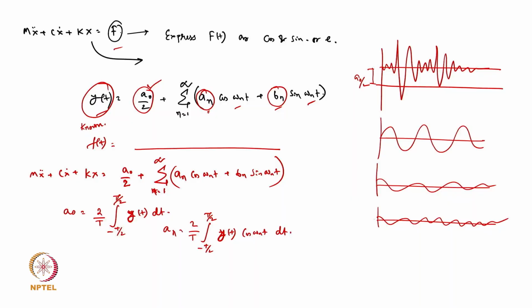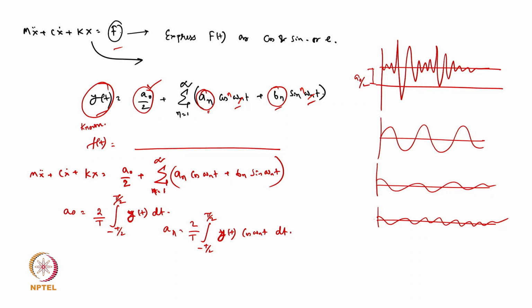Okay, in the last class we made a small mistake: n should be here, that is n into omega t. So n is 1, 2, 3, 4, 5, 6, a set of integer numbers.